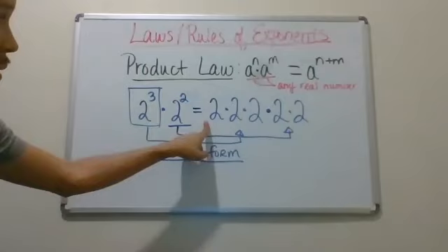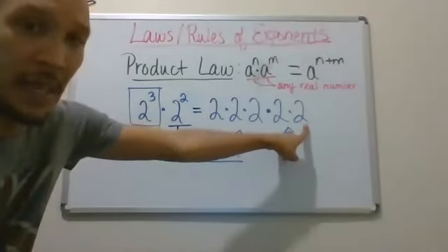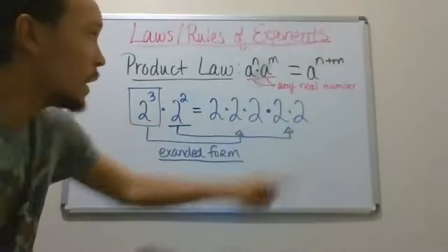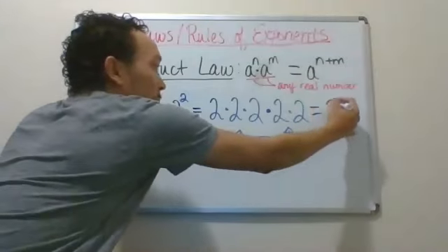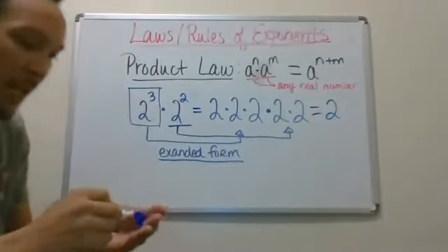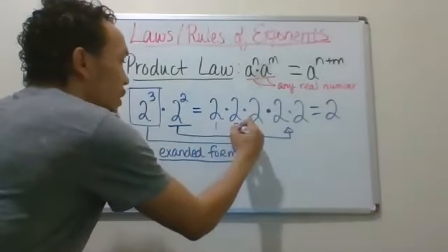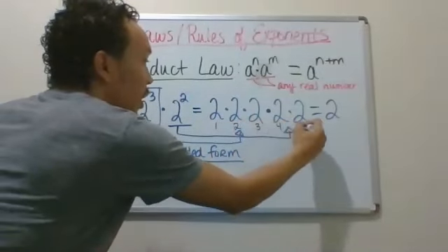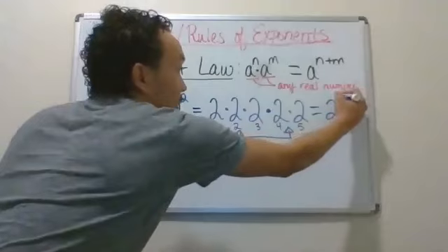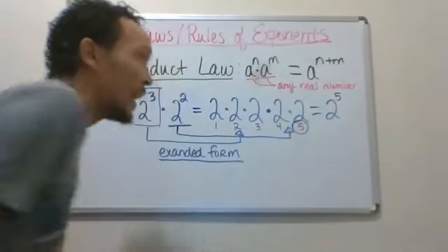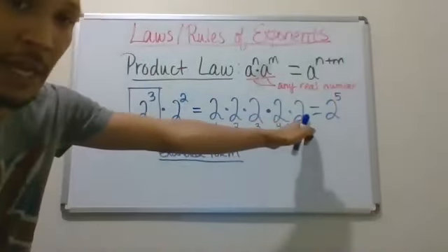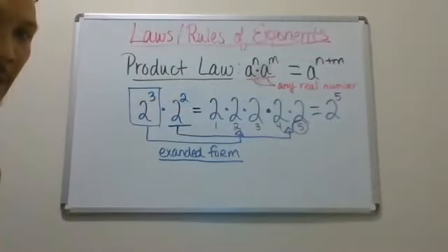Now we want to rewrite this as an exponent. This gives me my base of 2 being multiplied by itself 1, 2, 3, 4, 5 times, so the final number of times we are multiplying the same base will be my exponent.